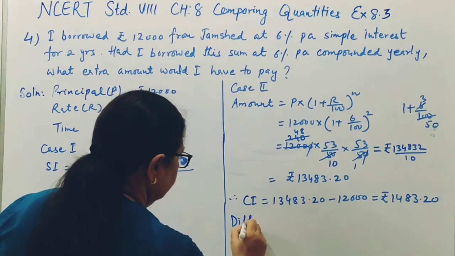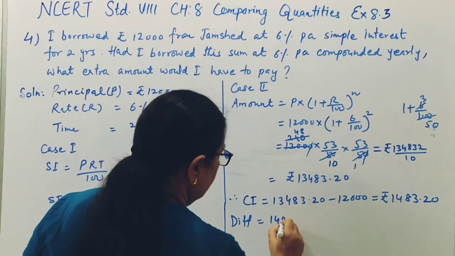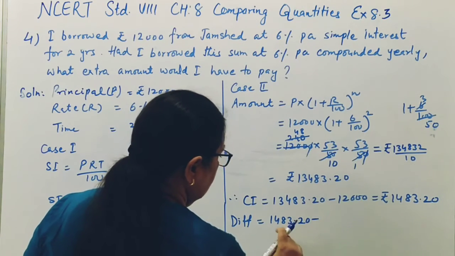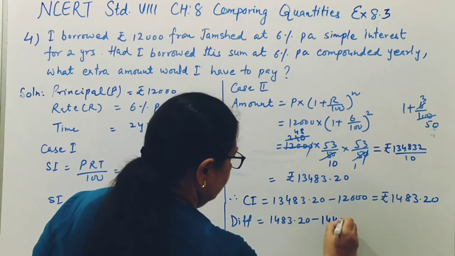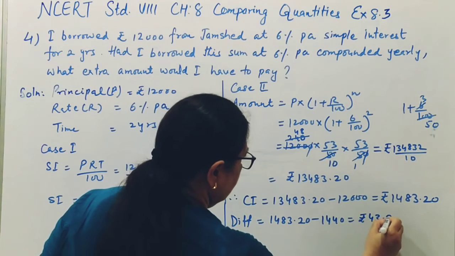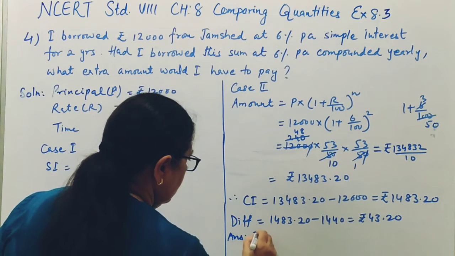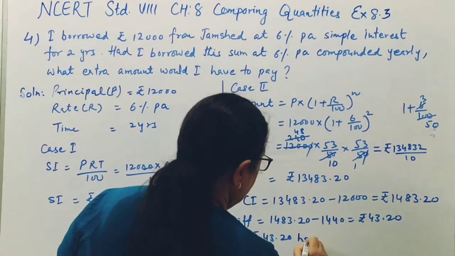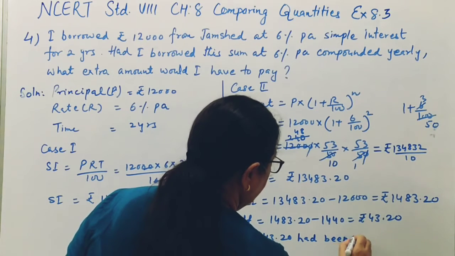Difference: 1,483.20 minus 1,440, that is rupees 43.20. So the answer is rupees 43.20 would have been paid more.